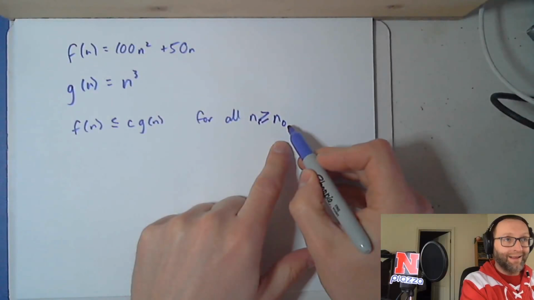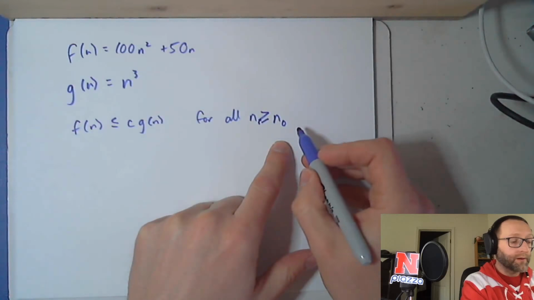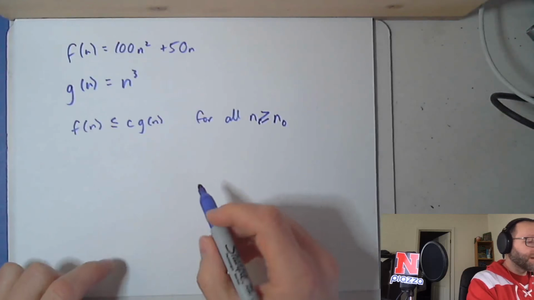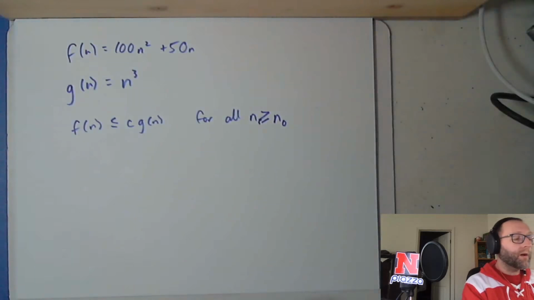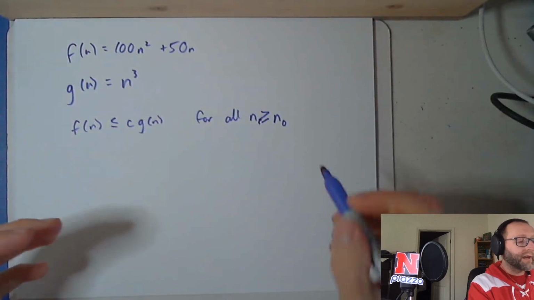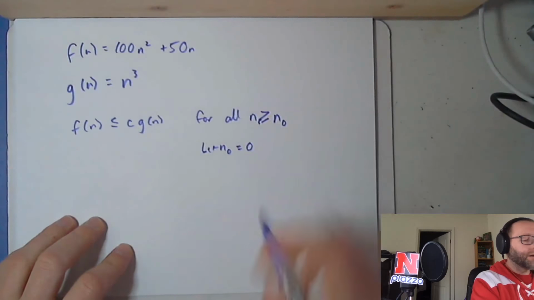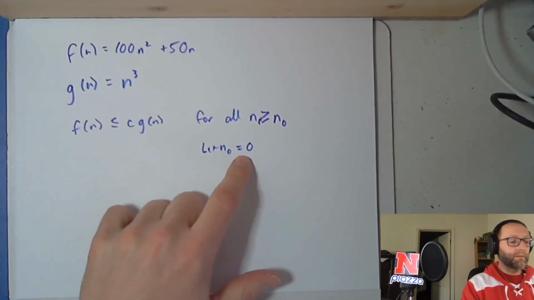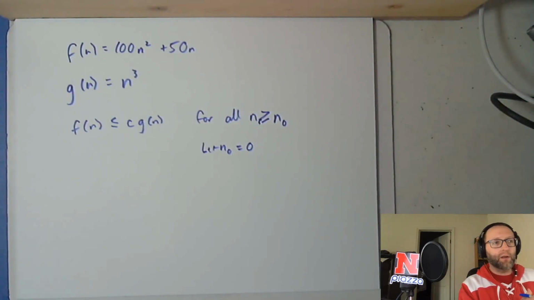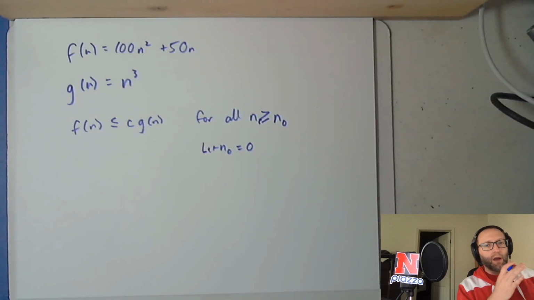I'm going to fix n not instead as my starting point. So the way that I'm going to approach this is I'm going to say, let n not be 0. That's my starting point because I'm not going to start in the negative range because, again, there's no such thing as a negatively sized input.